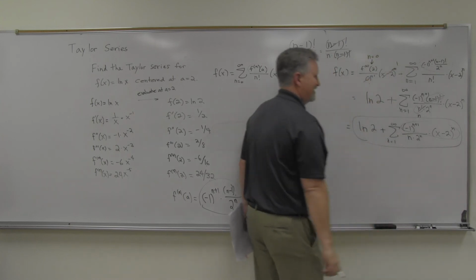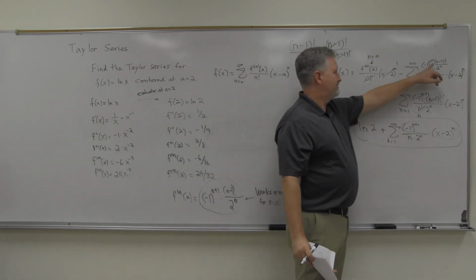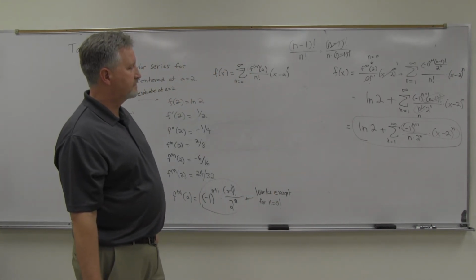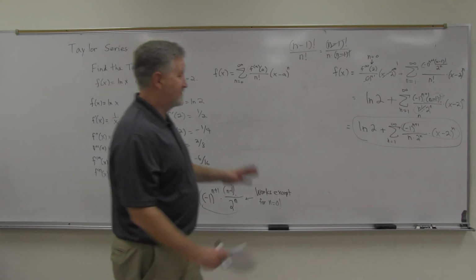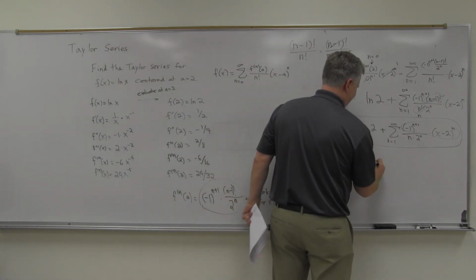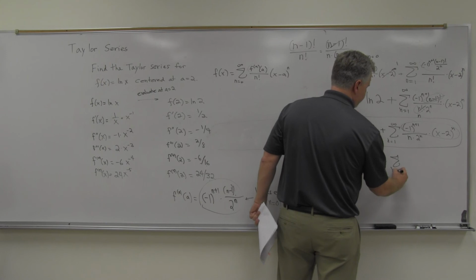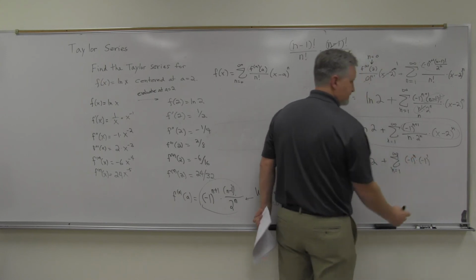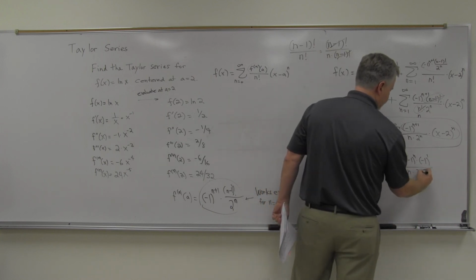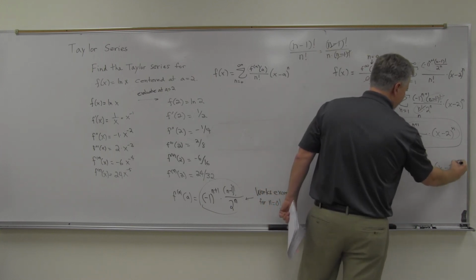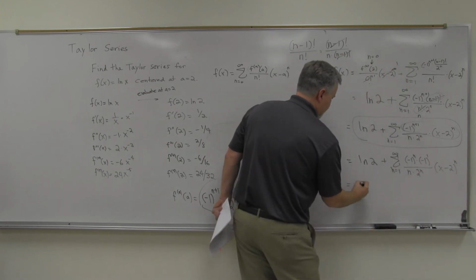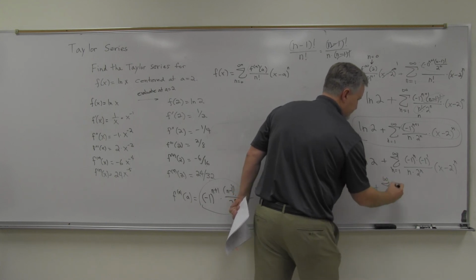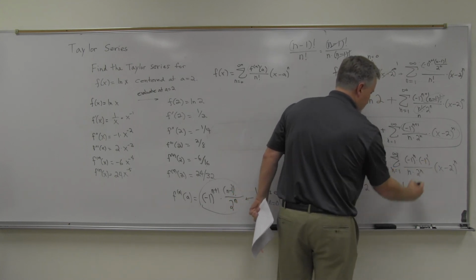So here's what they might do. Yeah, that should be n plus 1. I missed my power up there. So if we did something like that, here's what would happen. That would be n equals 1 to infinity, negative 1 to the n times negative 1 to the first. Then we can combine that. So we have ln of 2 plus just another version of this answer. We'd have to leave the negative 1 here.